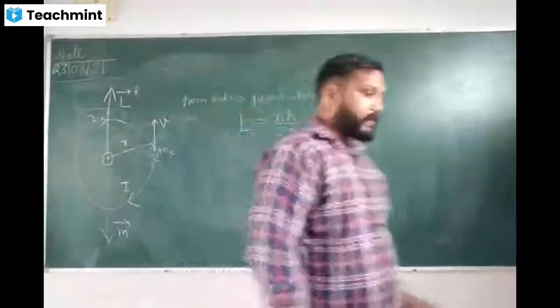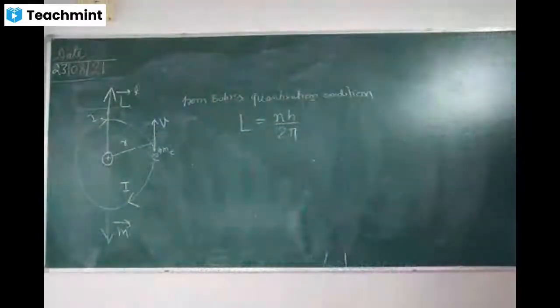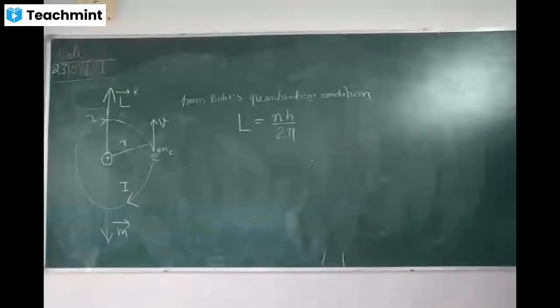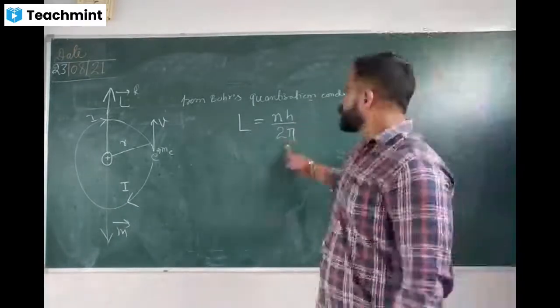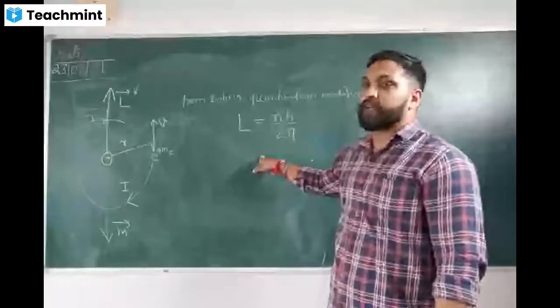What is the Bohr quantized condition? The electron revolves around the nucleus only in those orbits whose angular momentum is nh upon 2 pi, an integral multiple of h upon 2 pi only. Only in those orbits will the electron revolve.